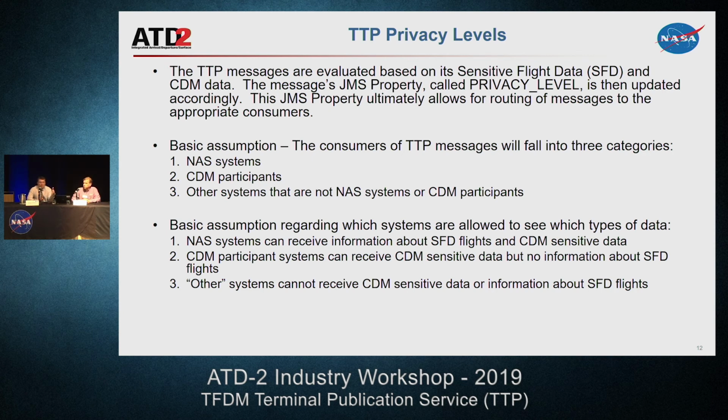There are certain elements, like the EOBT, which are not meant to be shared with non-CDM members. Those are in the TTP feed, and now with these privacy levels they go out to the CDM folks, and if you're not CDM, you'll get a privacy level of CDM omit, which means you got the message, but the CDM data has been omitted from that message.